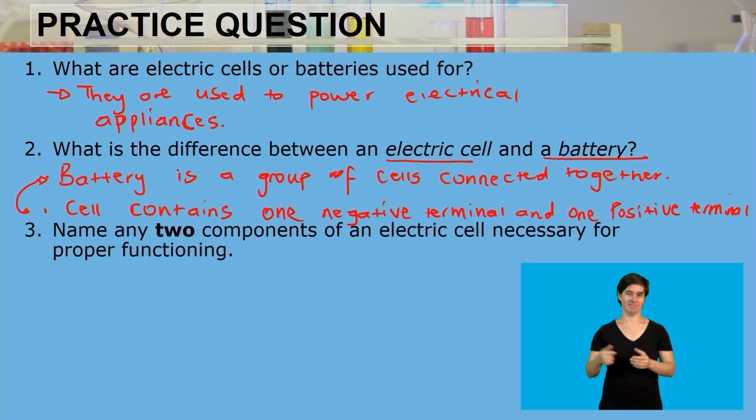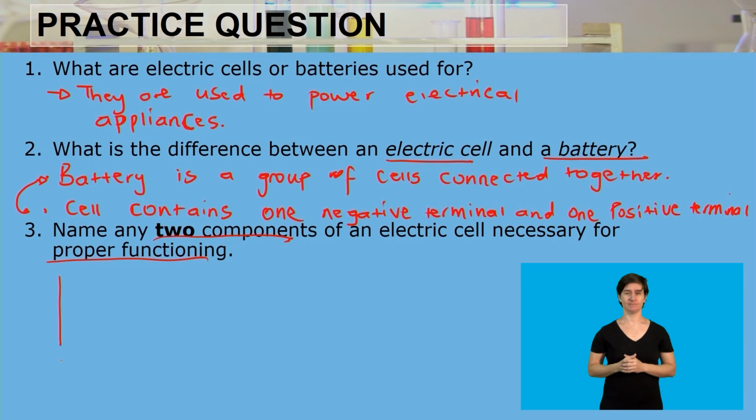Then question 3 says, name any two components of an electric cell necessary for proper functioning. So we need to look at a picture of a battery or a cell in this case and see what it is that we find in any cell that is necessary for proper functioning. Your cell has a positive terminal and a negative terminal, and it needs certain things to be able to function.